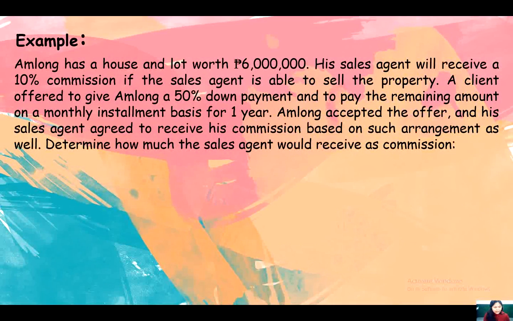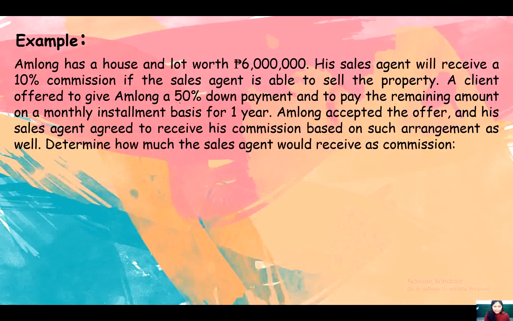Okay, so let's have an example. So we have Long has a house and lot worth 6 million. His sales agent will receive a 10% commission if the sales agent is able to sell the property. Okay, and a client offered to give Long a 50% down payment and to pay the remaining amount on monthly installment basis.